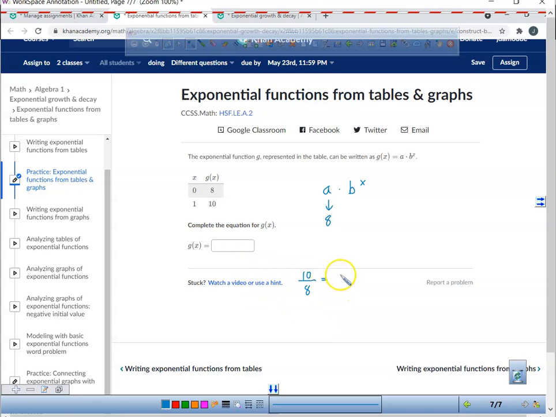So if you wanted to change it to 5 over 4, that would work. If you want to leave it as 1.25, that will also work. What won't work is leaving it as an unsimplified improper fraction. So just so you guys can see that you can use a decimal, it's still equivalent. It's 8 times 1.25 to the power of x.